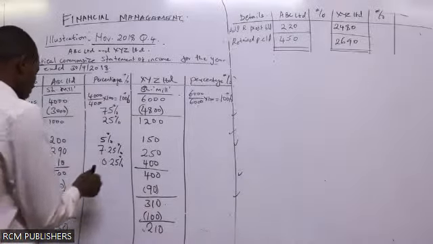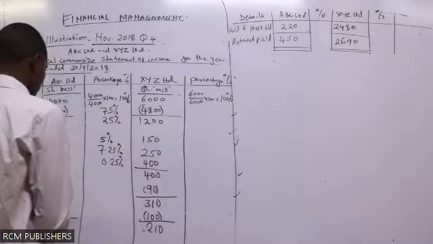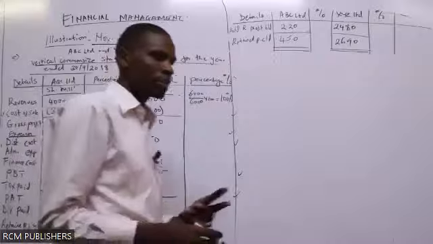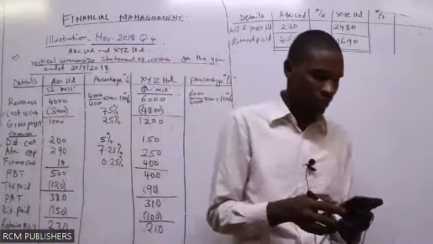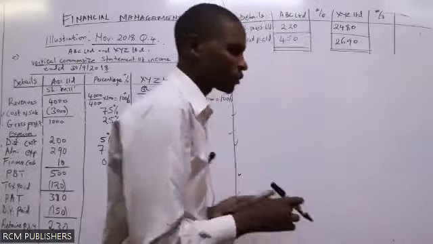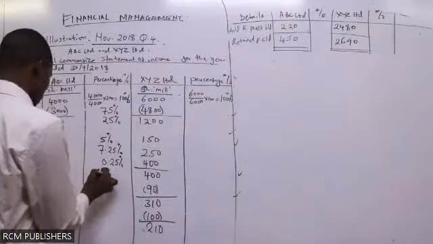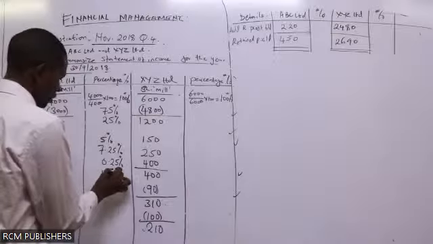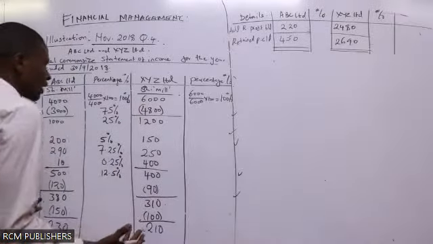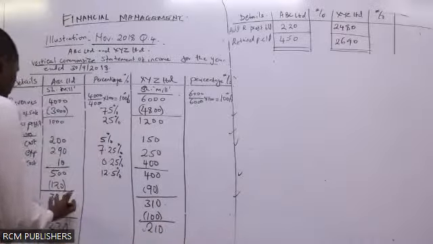So let's go to profit before tax. Itakuwa ngapi sasa hapa? We are doing great. Before tax 12.5. Let's go to tax.